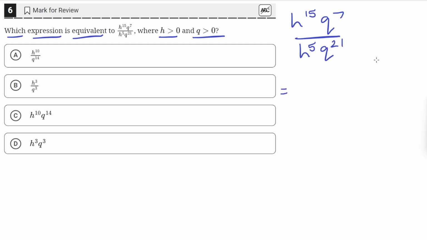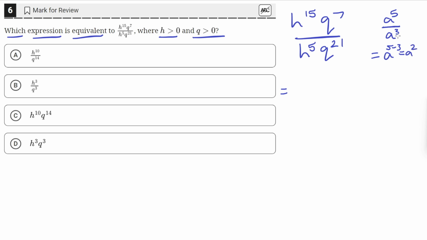We can do this by using the rules of exponents. Remember, when we are dividing a number with the same base but different exponents, say a to the 5th over a to the 3rd, that's equivalent to a with the exponents subtracted, so 5 minus 3, which is equal to a to the 2nd.